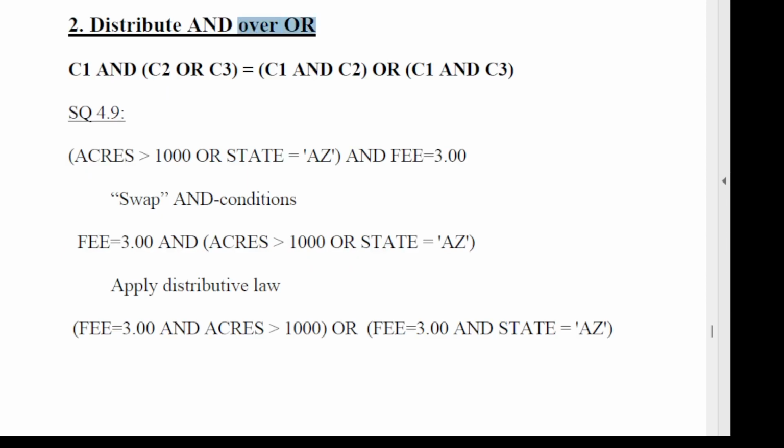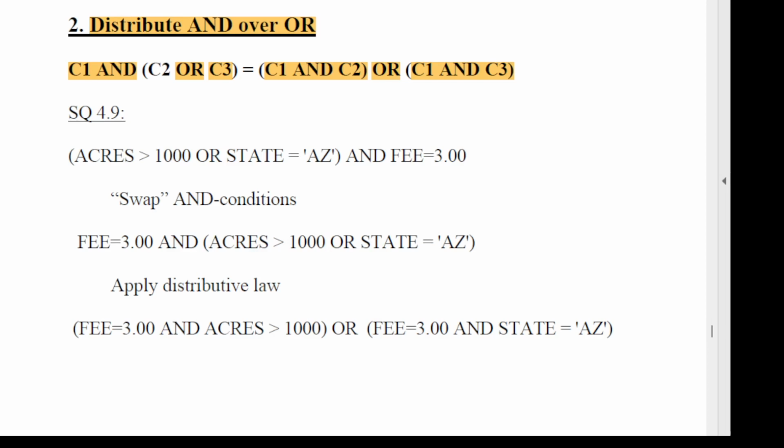You can also distribute the AND over the OR. Now, in high school algebra, you could not distribute the plus sign over the multiplication symbol, all right? But here's C1 and a compound condition involving OR. So we take C1 and C2, then take C1 and C3, take the OR, and connect those two compound conditions.